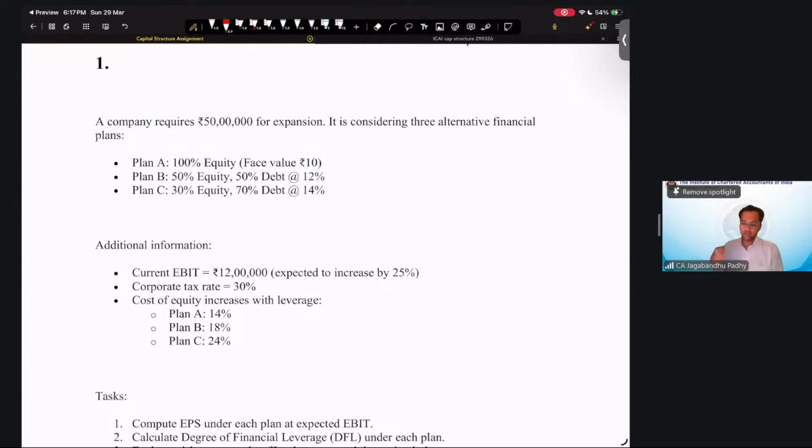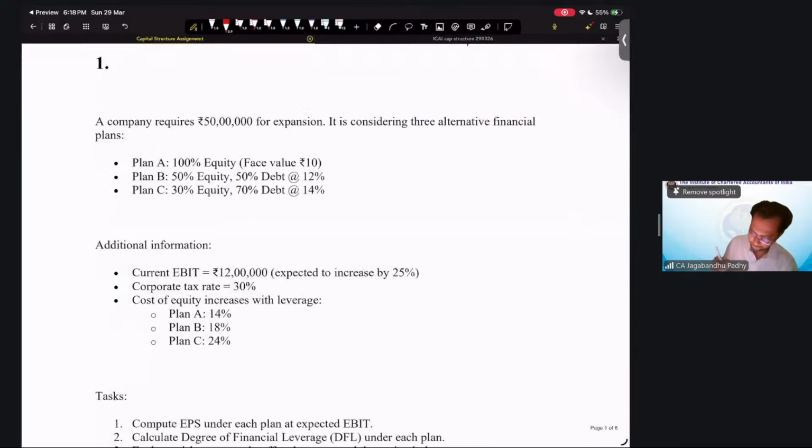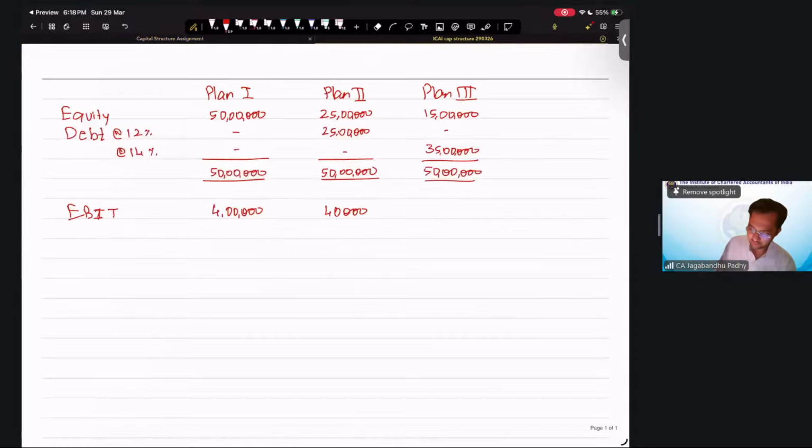So for the capital expansion of 50 lakh, you're going to get an EBIT of 12 lakh into 25%. So it's going to be 4 lakhs. No, my bad. It's 12 lakh into 25%, so it's going to be 3 lakh. My bad.